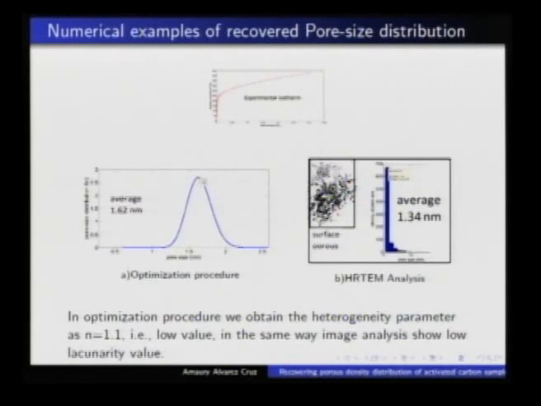In this case, we study a qualitatively similar behavior of the curve, and the average is 1.3. We obtain a parameter n, the lacunarity, of 1.1, which is a low value, taking into account that n varies from 1 to 3. And in the same way, in the image analysis, we show a low lacunarity value.